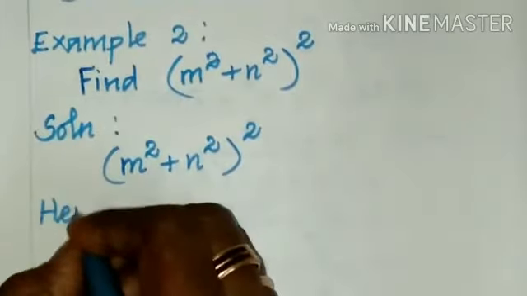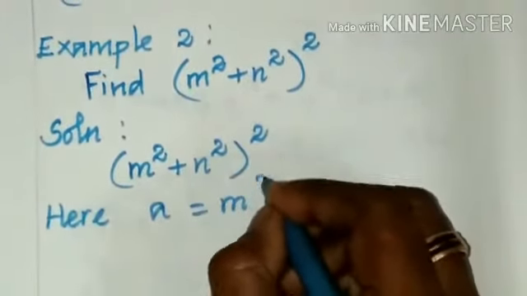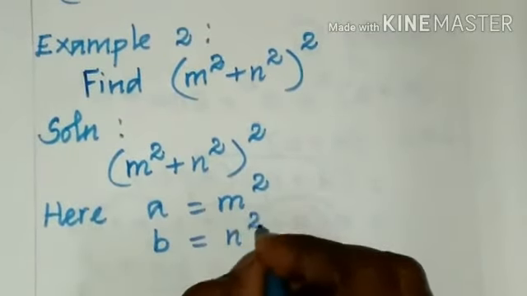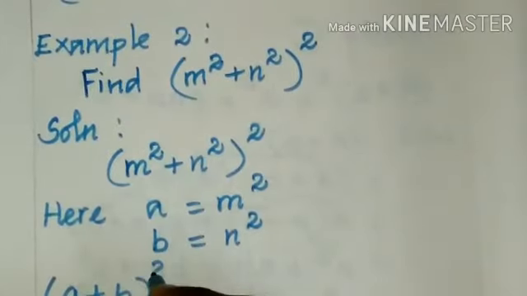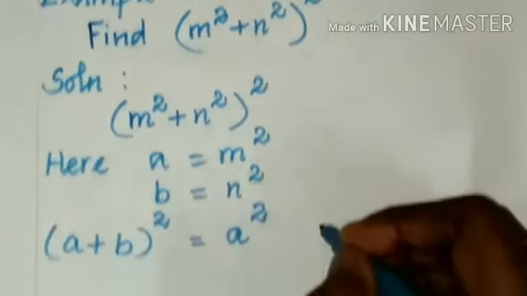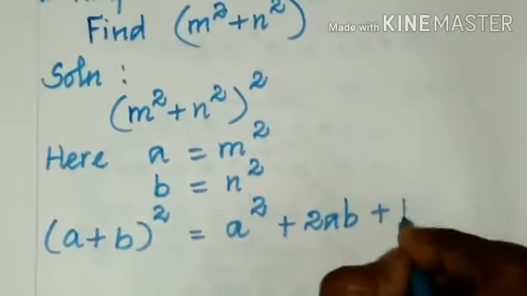Here what is in the place value of a? m square. Then what is the b value? n square. Now we have to write the identity: a plus b the whole square is equal to a square plus 2ab plus b square.